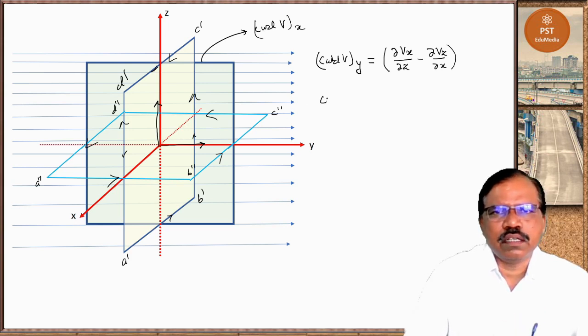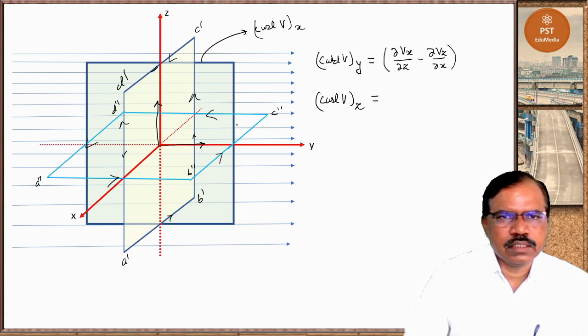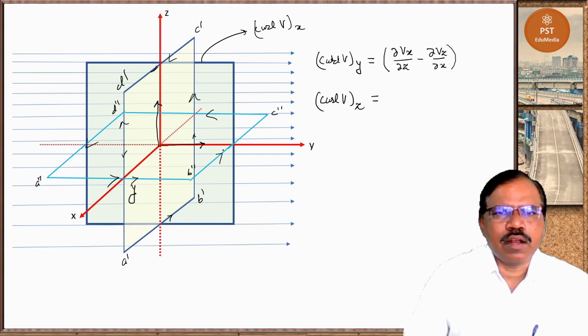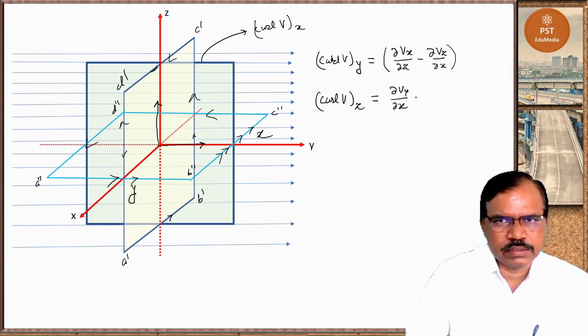So that is curl V along the z axis. So along a''b'', we have to consider the Y component of the field. Along b'' to c'', we have to consider the X component of the vector field. So from this, you will get ∂Vy/∂x minus ∂Vx/∂y.